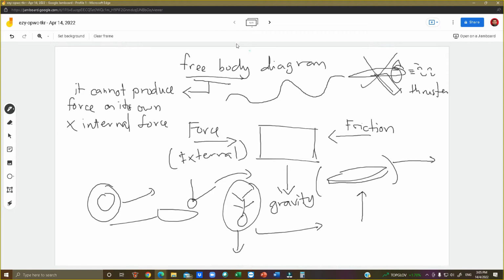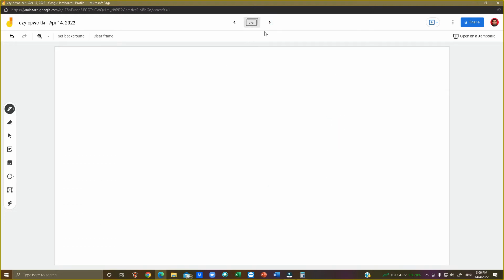Because when we talk about free body diagram, first it has only these three things. 1, 2, 3. And then it only move within two planes sahaja. Horizontal plane and vertical plane. Kalau dia bergerak macam ni, yes, this is free body.